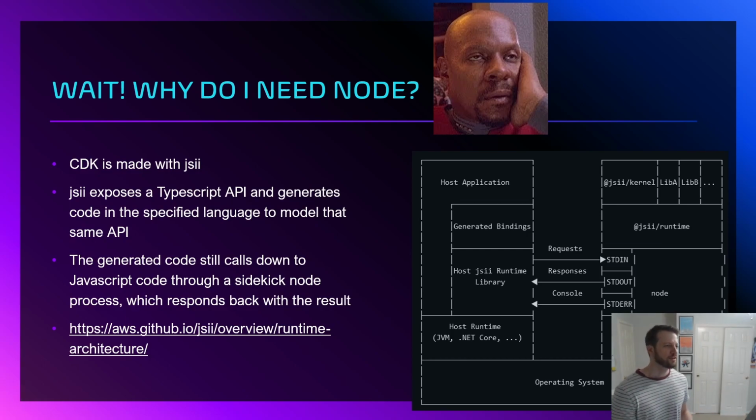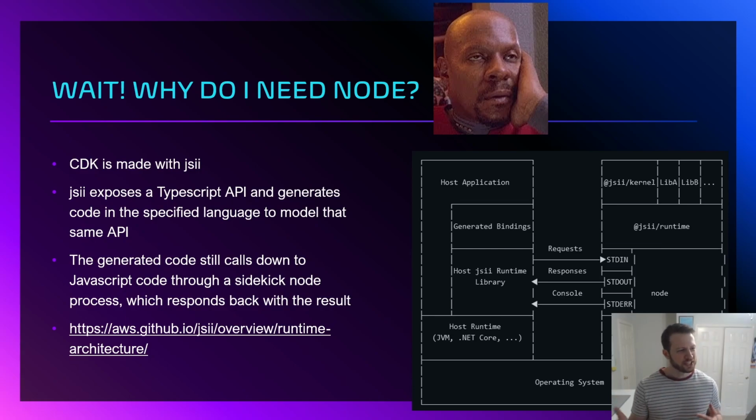Well, you don't need to know this super in depth, but the CDK is made with a library called JSII. It's open source. You can go and check it out on GitHub. And the way JSII works is you write a TypeScript library, and it exposes the public API of the TypeScript and exports that to these other languages.